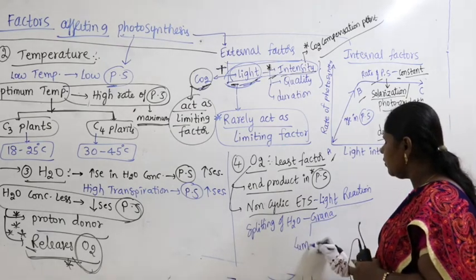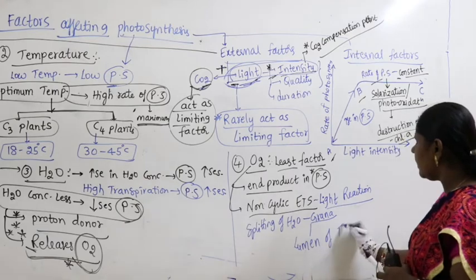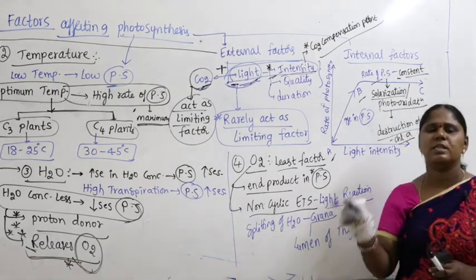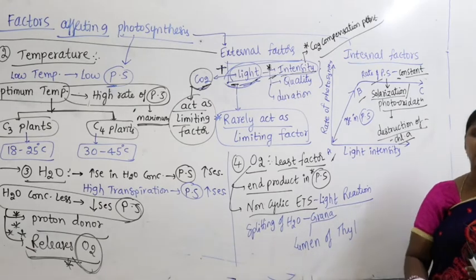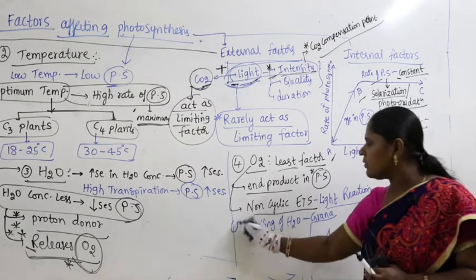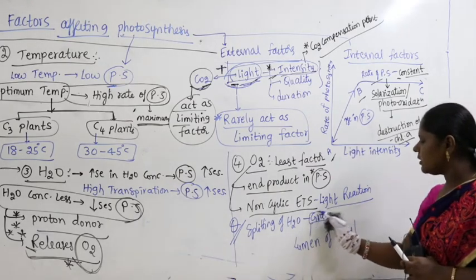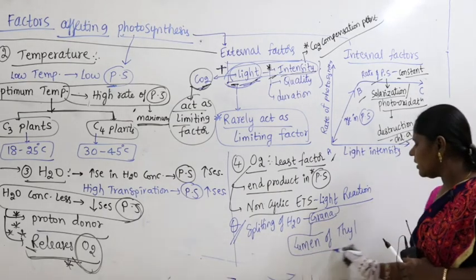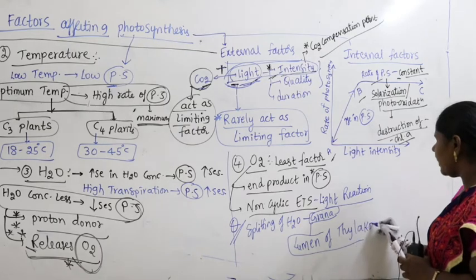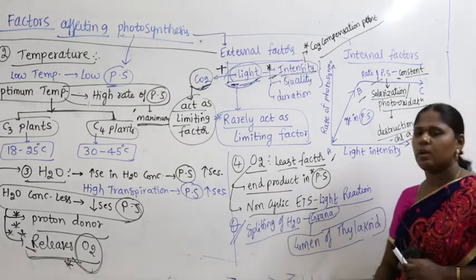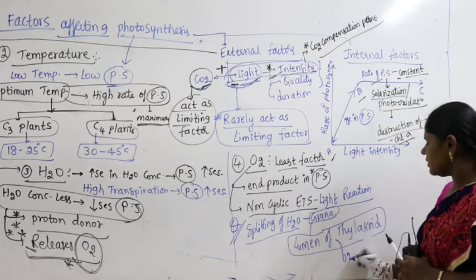In the lumen of thylakoid. So if the question comes about the site or location of oxygen release in photosynthesis, we say splitting of water occurs in the grana, in the lumen of thylakoid. Photolysis of water occurs and releases oxygen.